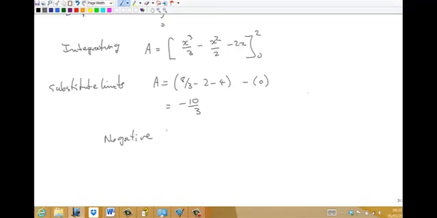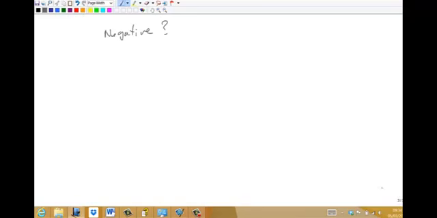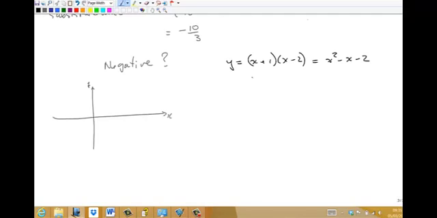So what does that mean? Well, let's sketch the curve. So y equals (x plus 1)(x minus 2) is a quadratic, so that's a parabola, and we can see that it crosses the x-axis at minus 1 and 2, like that, where we have minus 1, 2 and minus 2 on the y-axis.